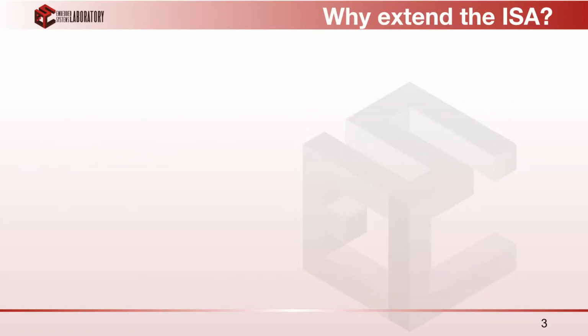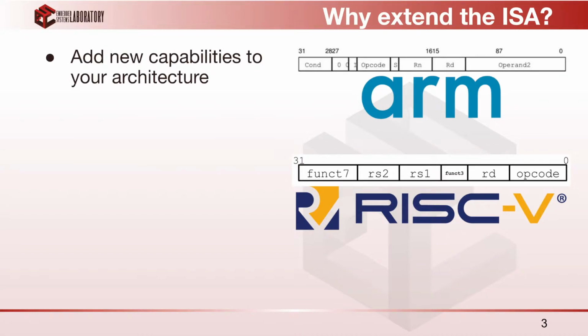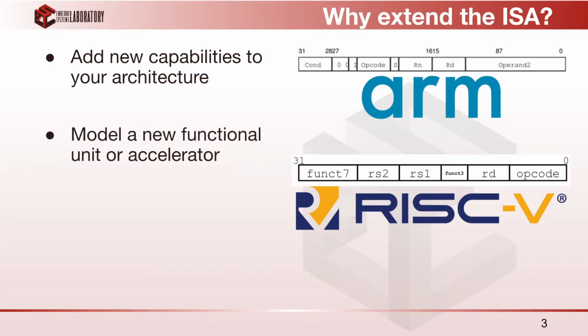So first of all, why would you want to extend the ISA to begin with? In general, ISAs have unused opcodes that are left open for new extensions. This gives us room to enhance the capabilities of our CPU with new and specialized instructions, such as through the use of a new functional unit or accelerator.